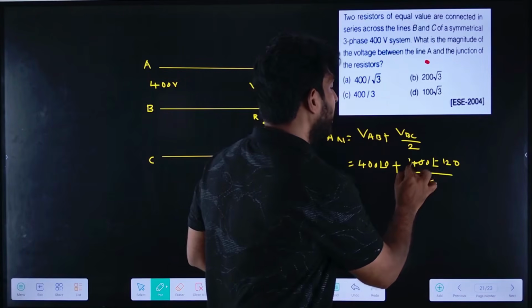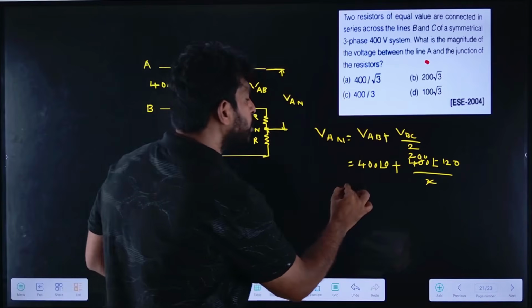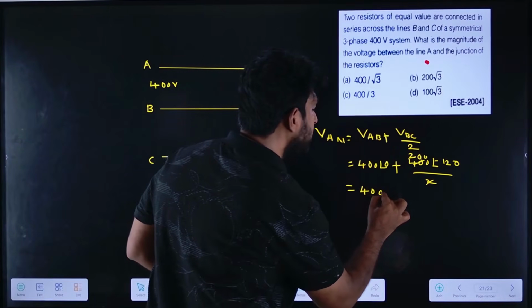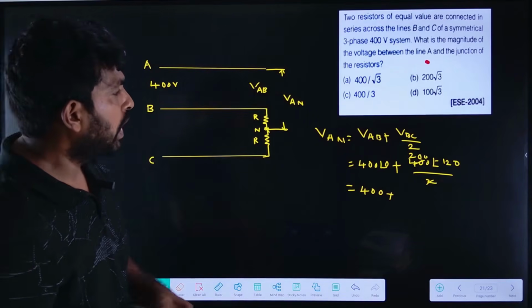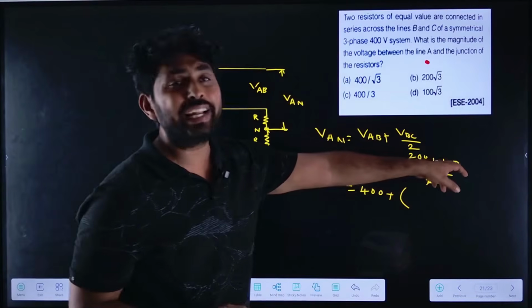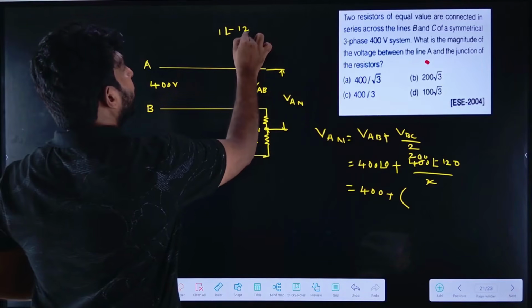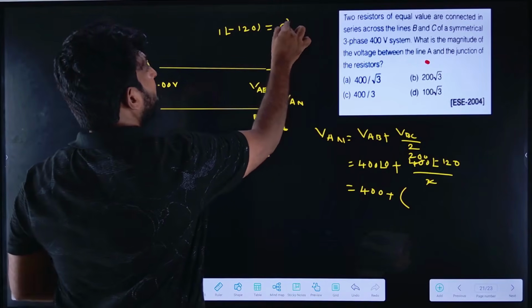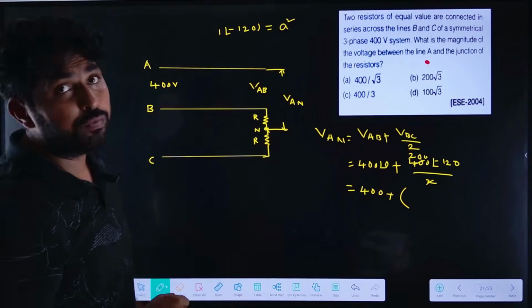So it is 200 at an angle of minus 120. If I substitute in this, it will be 400 plus 200 at an angle of minus 120. So 1 at an angle of minus 120 is the a square operator. a is 1 at an angle 120 and a square is 1 at an angle of minus 120.